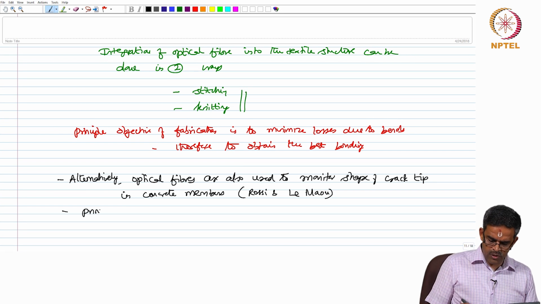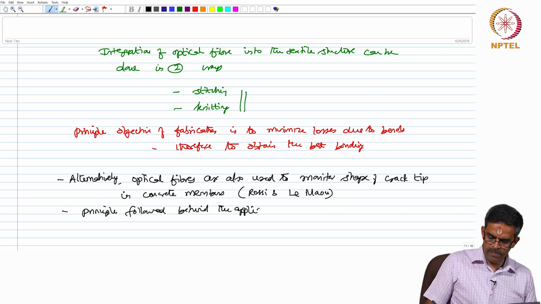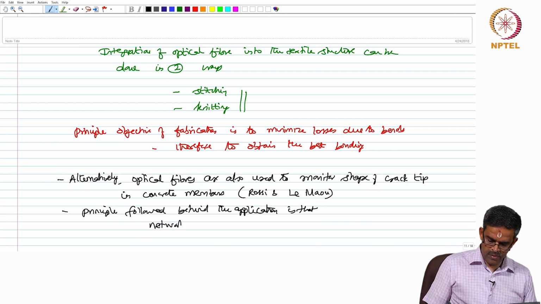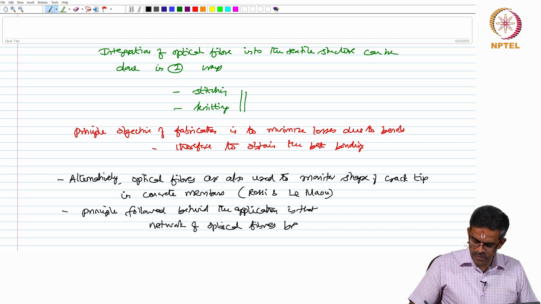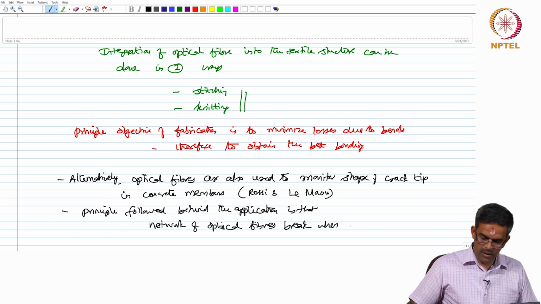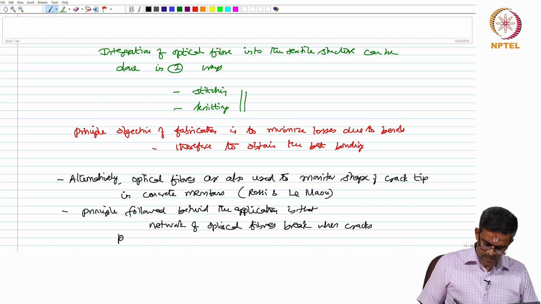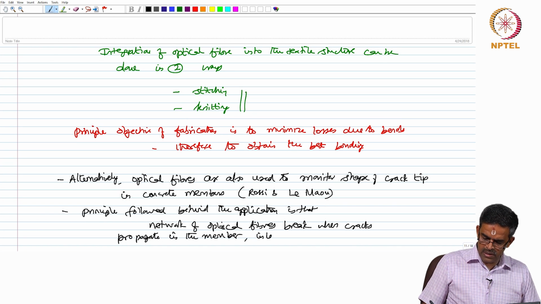In this case, the principle followed behind the application is that a network of optical fibers break when cracks propagate in the members and intersect these fibers.